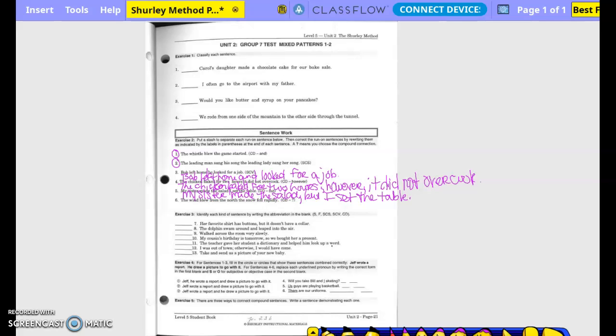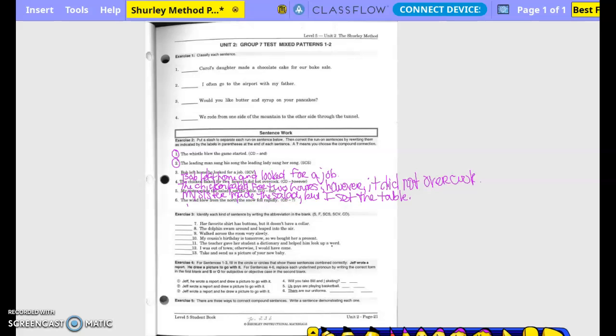Number 6, the wind blew from the north. The snow fell rapidly. Okay, in between north and the. They want a compound sentence, right? So what can we put in there? And. But since it's a compound sentence and not a sentence with a compound verb or a compound subject, what do we have to put with that and? A comma, right? Okay.